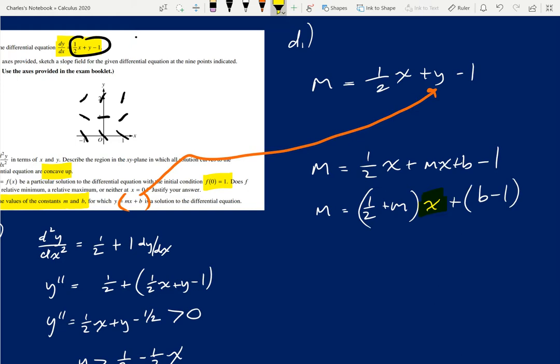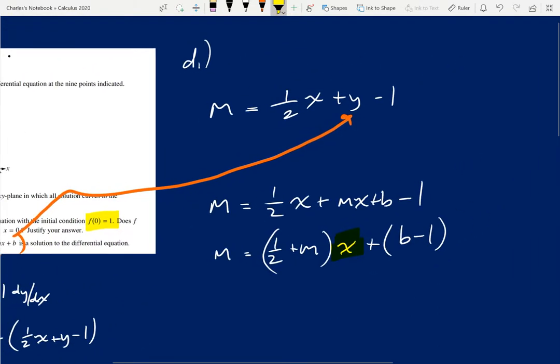It's difficult to see where it comes from, but this has to be true for every single value of x. X is a variable. I could plug in 0, 1, 2, 3, 4, 5, or even 5 million into it. And this has to be true no matter what. That's only going to be true if this part right here reduces to 0, so that's only going to be true if m is equal to negative 1/2.